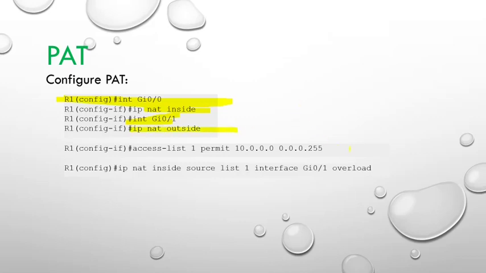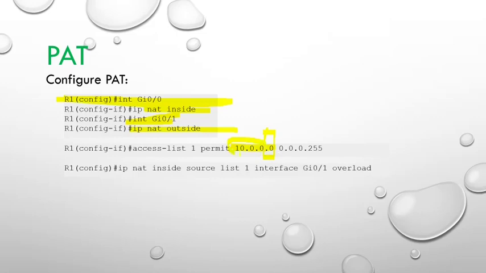Okay? And then, of course, the access list, you let the permission set to 10.0.0.0, okay, which is, of course, from that particular network, 10.0.0.0, anything, no? Any addresses after 0, no?